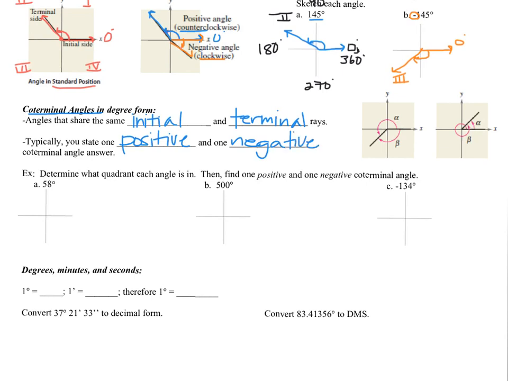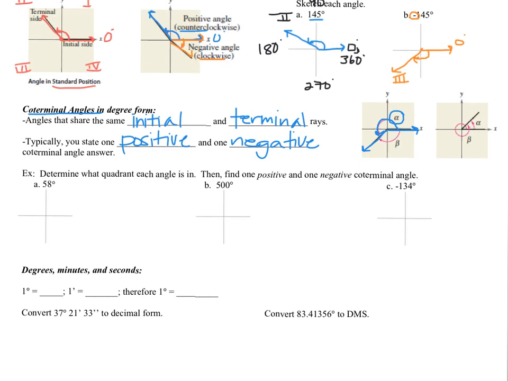If we look at the picture on the right, notice you have your initial ray over here on that right-hand side. If it rotates in a positive direction over here into quadrant 3, that gets you to your terminal ray. So that's one angle measure, and they're calling it alpha. So just giving it that symbol for the angle name.